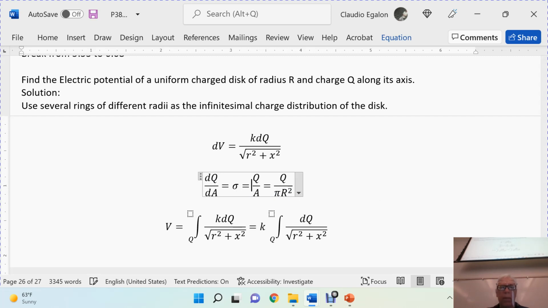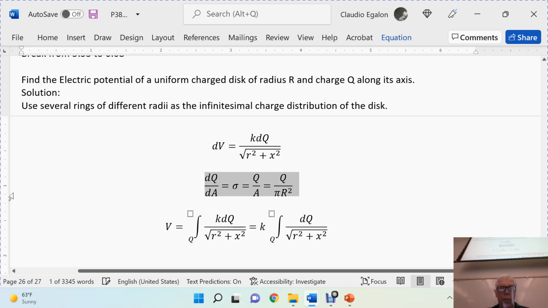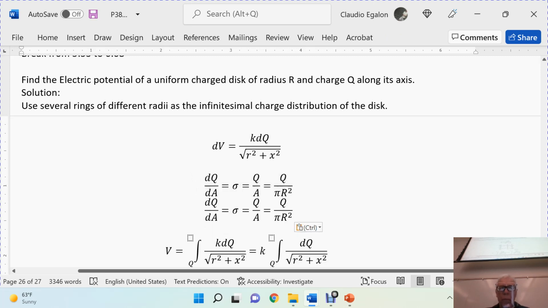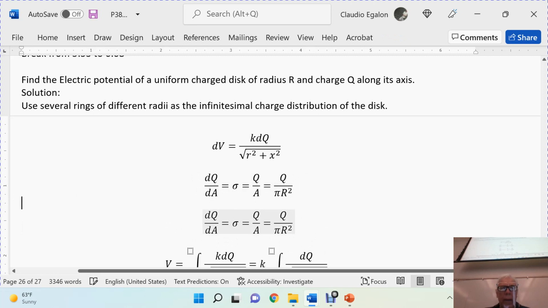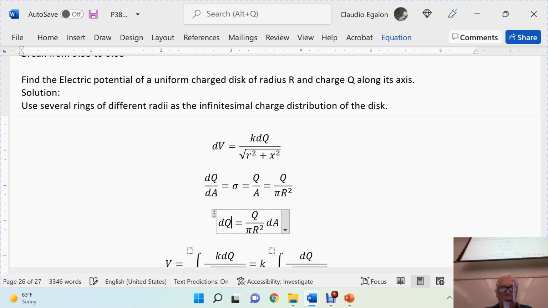Yep, here you go. dq, you write that down as being Q over pi R squared times dA, like that.